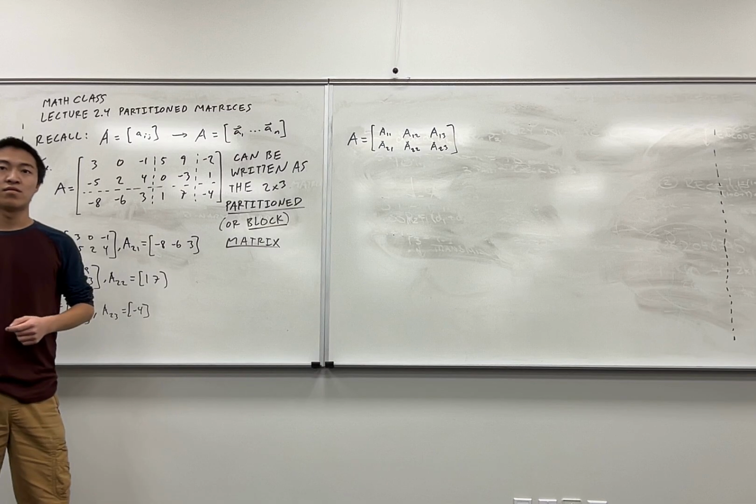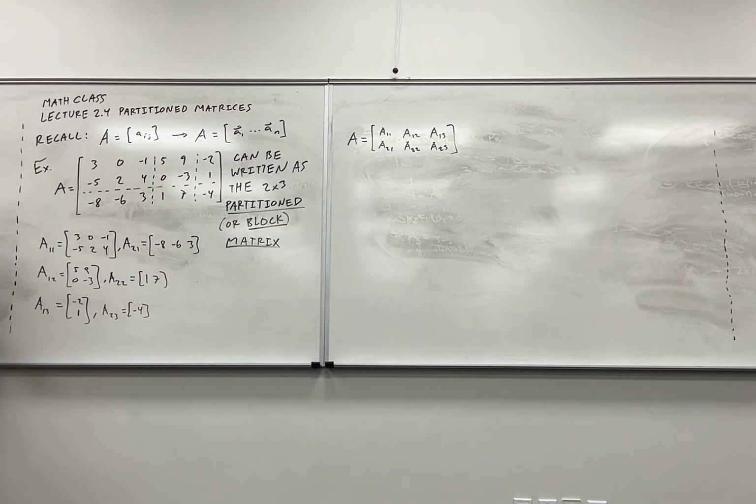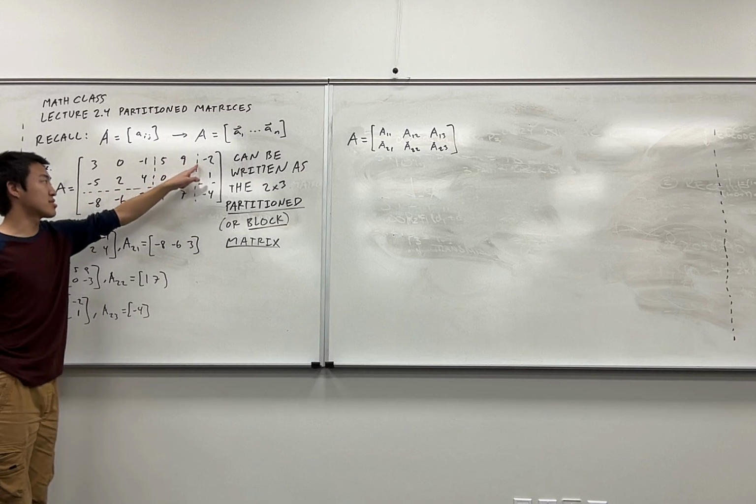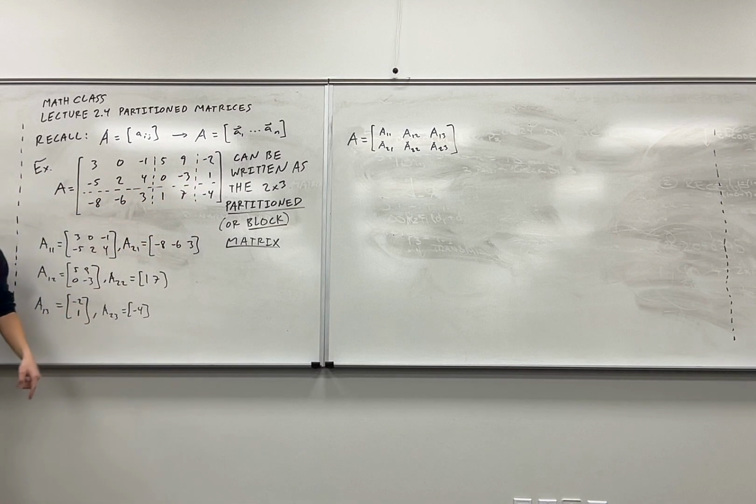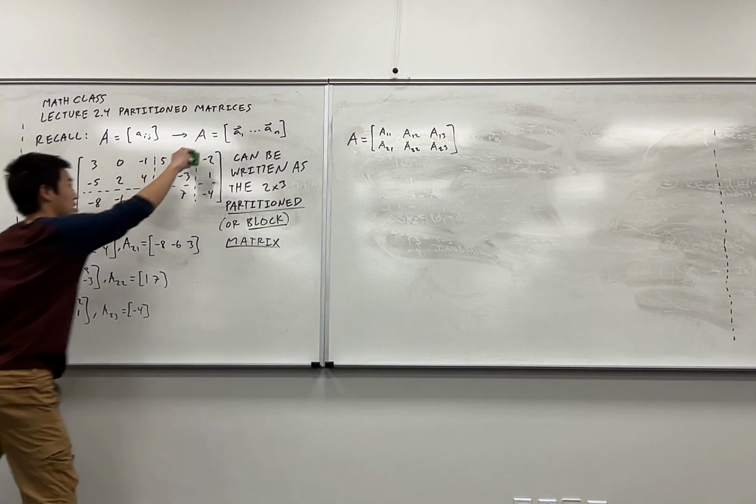Yes? To make sure, if we deleted the line that's separating A12 and A13, so deleting this line? Yeah, okay. Would it turn into a 2 by 2 matrix, meaning that it would just be like a 2 by 3, 2 by 3? Yeah, so think about this.